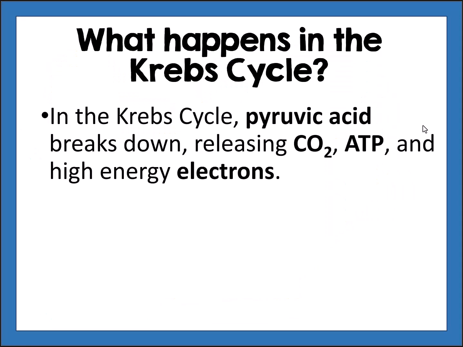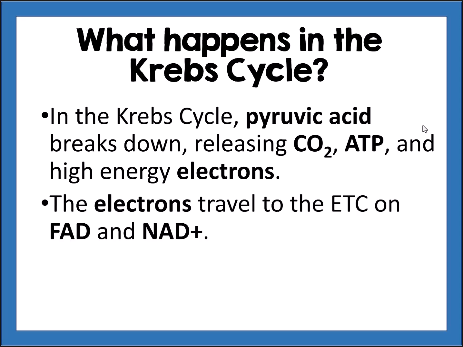In the mitochondria, the Krebs cycle is next. And in the Krebs cycle, the pyruvic acid is breaking down, releasing carbon dioxide, ATP, and high energy electrons. And those electrons, again, are traveling to the electron transport chain on molecules known as FAD and NAD+.